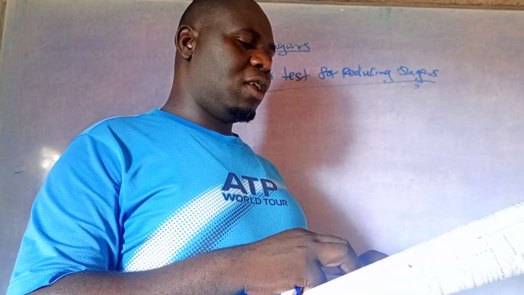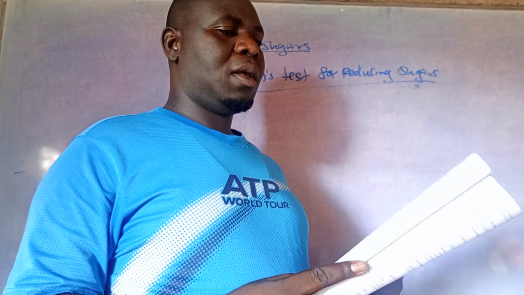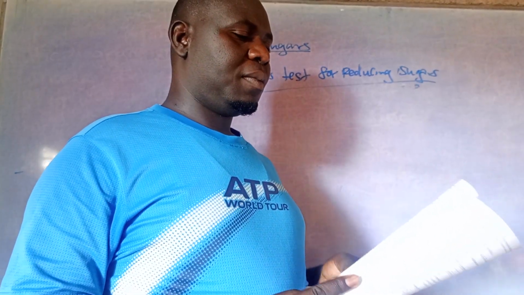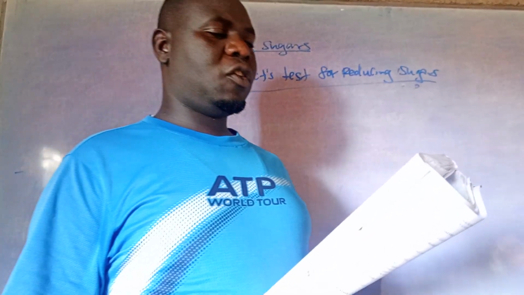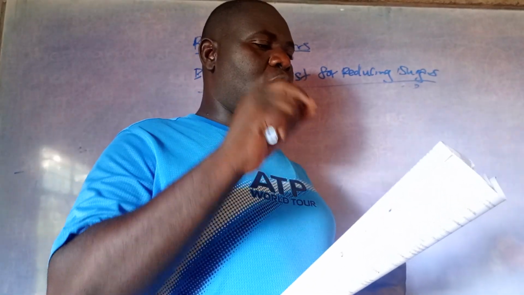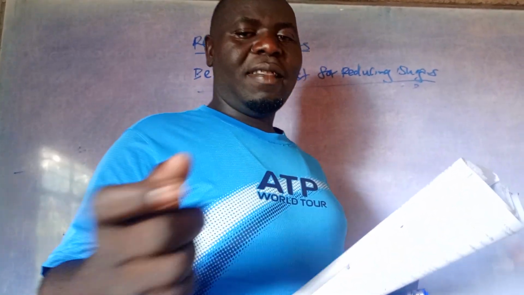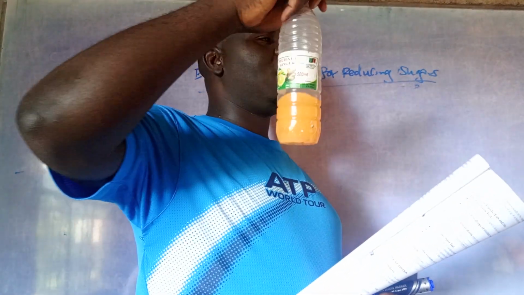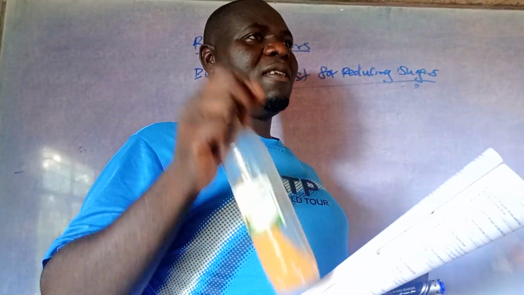So now, how to test for reducing sugar? The method. Number one, you put 2 centimeter cubic of sample solution in a clean and dry test tube. So you get a test tube, then you get 2 centimeter cubic. You can get 2 or 3, whatever volume you want, but be specific.